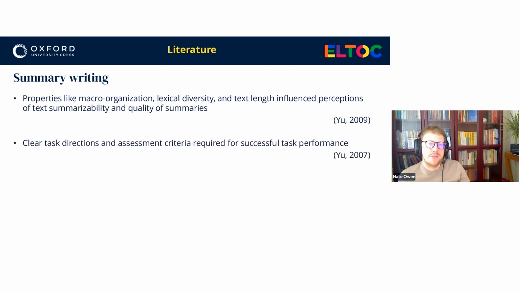And then, of course, you have to think about, okay, let's say we've now chosen our input text. What do we want students to do with this thing? If you don't give students or test takers very clear instructions or directions as to what they're expected to do, students will struggle with these kinds of tasks. If you just give students a text and say, summarize this, students will do very, very different things.